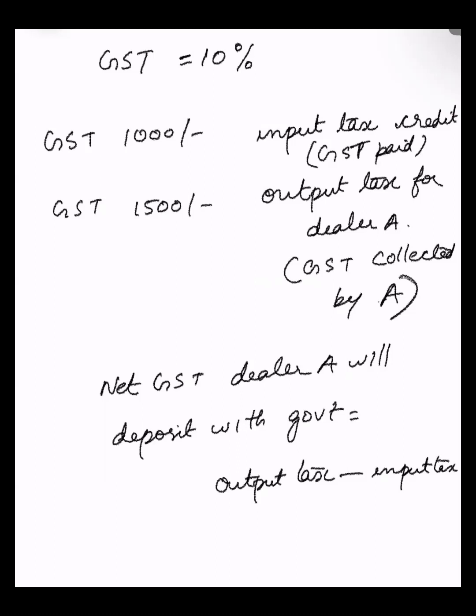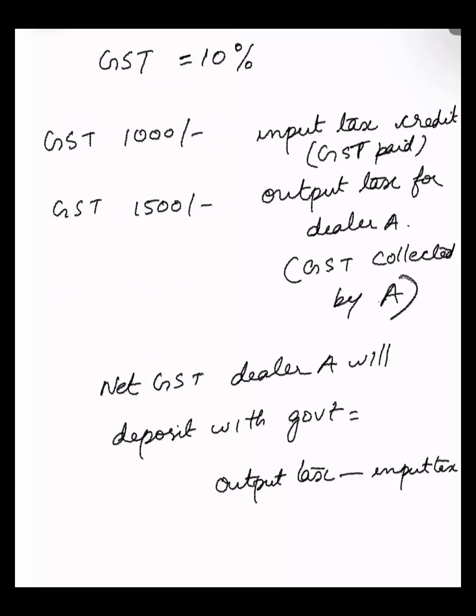Whereas output tax is, when dealer A's customer comes and purchases the item from dealer A, the tax paid by the consumer on the selling price is the output tax.